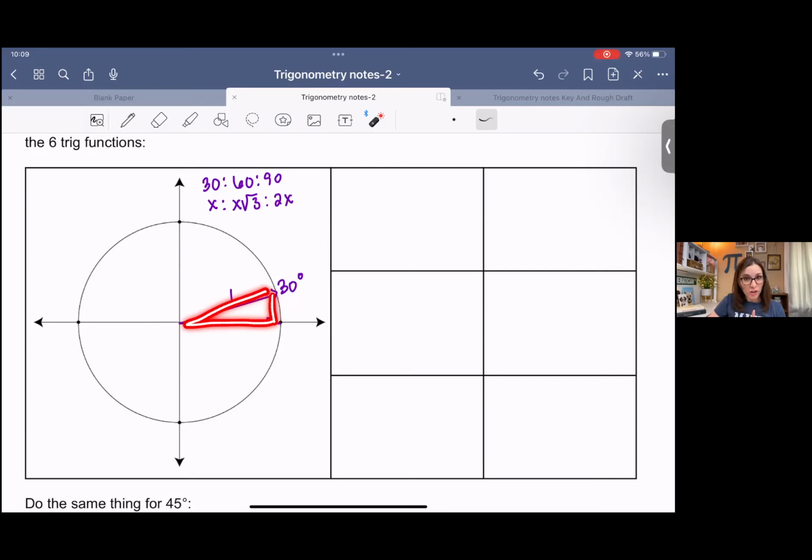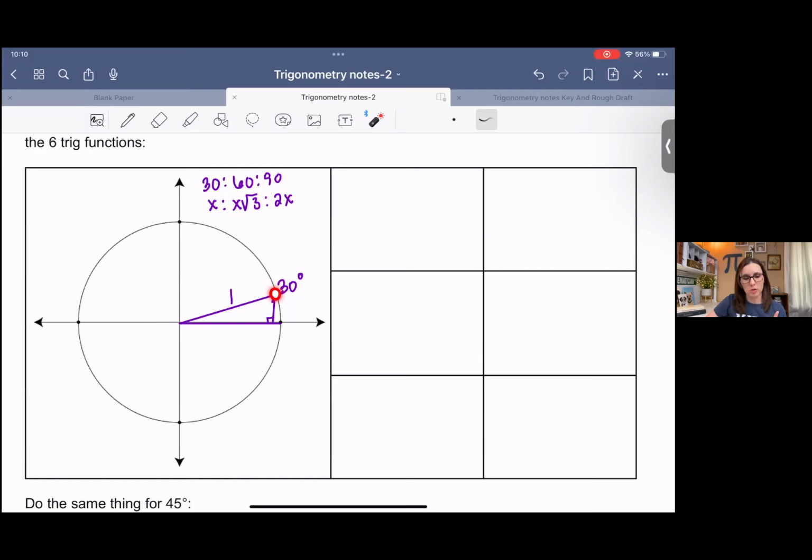And I have the ratio for a 30, 60, 90 triangle because we've already found it from a previous video, and that is here. So all I have is the radius, and I know that it's a 30, 60, 90 triangle, which means that I can find x and find the missing sides. And remember, the key is we're trying to find where this hits on the unit circle.